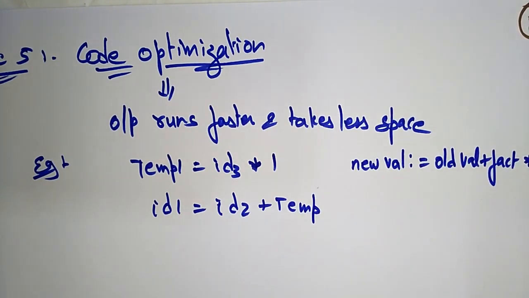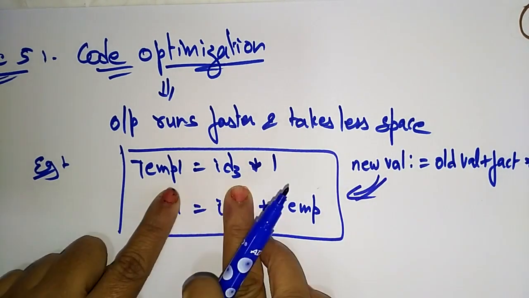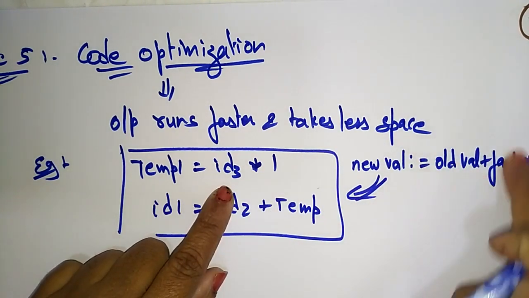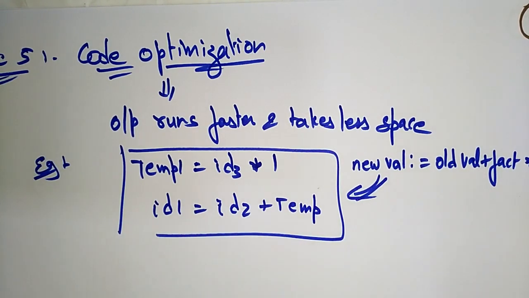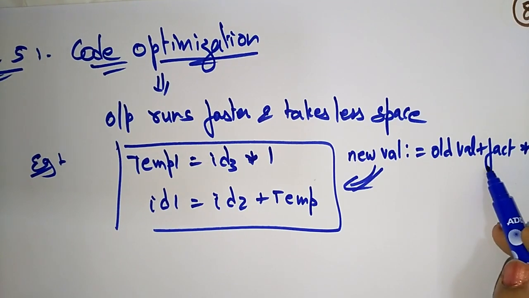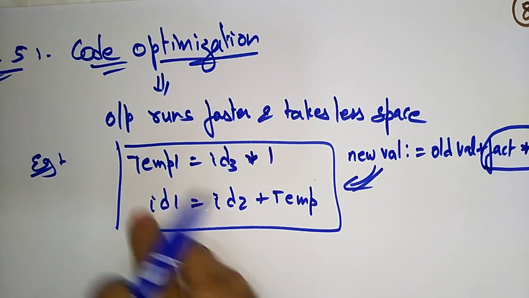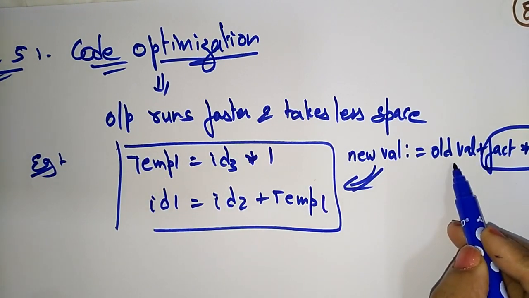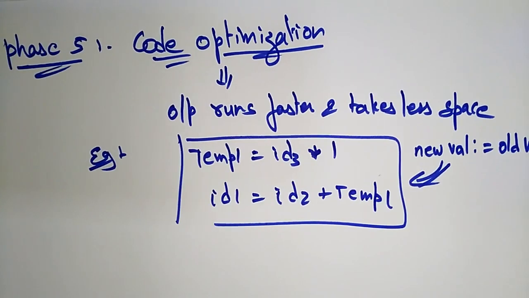By avoiding all the unnecessary statements, it is converted into temp1 is equal to ID3 into 1 and ID1 is equal to ID2 plus temp1. So fact into 1 is taken as temp1, and old value is taken as ID2. This is code optimization.